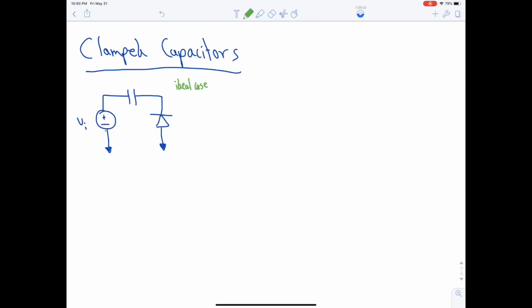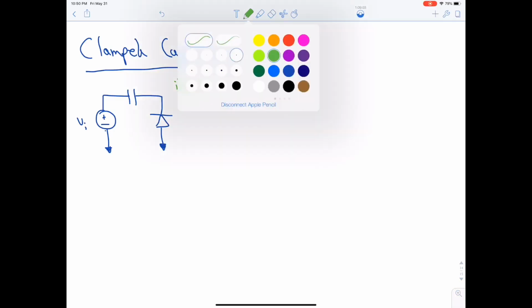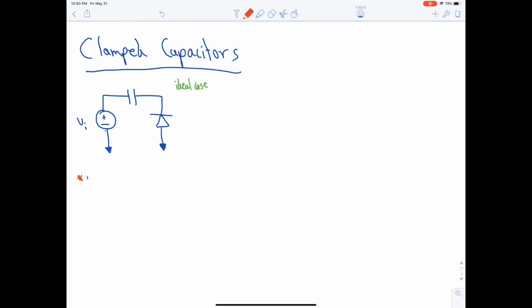In such circuits, okay, you have to do shifting upwards or downwards. It depends on the direction of the diode. If the diode is facing upwards, let me write it as a note. If the diode is facing upwards, then we need to shift upwards.